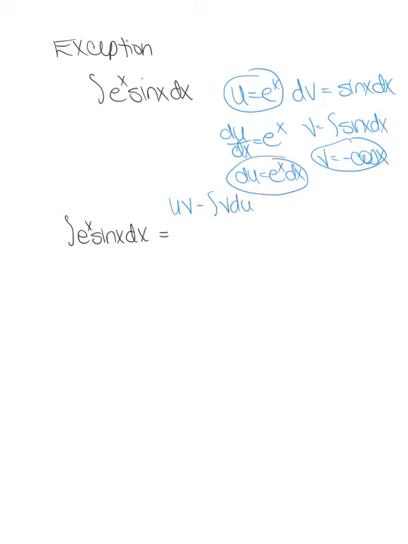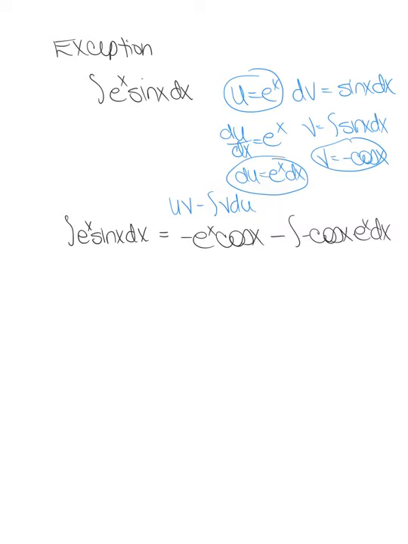So let's go ahead and put in our stuff here. So we're going to have u times v, and u times v is going to give me a negative e to the x cosine of x minus the integral of v, which is a negative cosine of x, times du, which is e to the x dx.